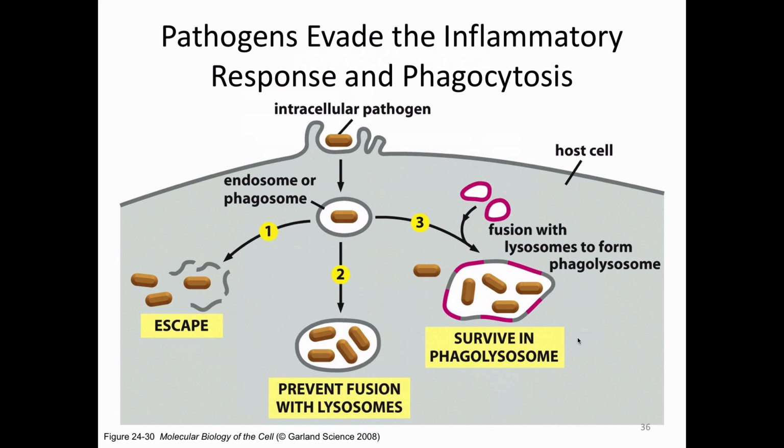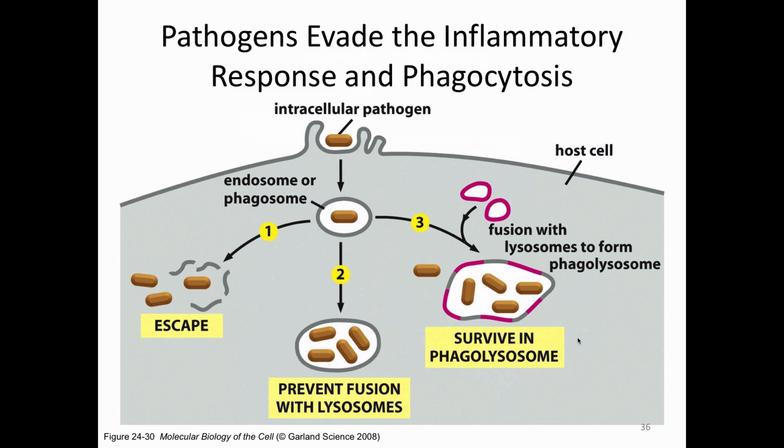Listeria monocytogenes does not want to be in a phagosome to get destroyed by phagocytosis, by the low pH, by the antimicrobial peptides, by the reactive oxygen species, all that business. Listeria monocytogenes makes a protein called listeriolysin that pokes a hole in the phagosome and lets it escape. And so some microbes just escape out of the phagosome, thus making this phagocytosis process not useful.